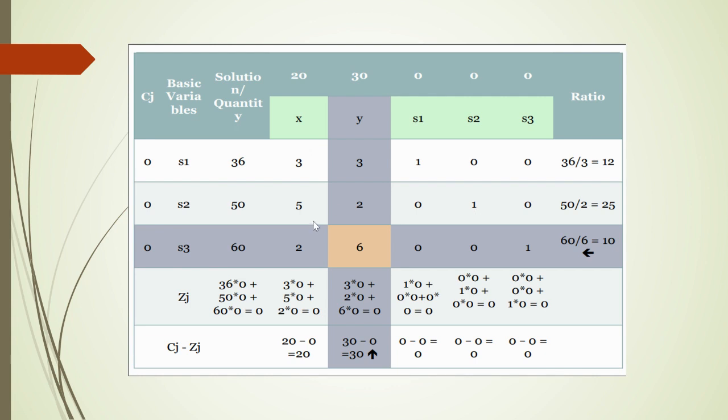So when we divide 36 by 3, we get 12, 50 by 2, 25, 60 by 6, 10. So this is the ratio. So 10 is the minimum ratio. So this is the pivot row. So this is the leaving row, and this is the entering column. So here 6 is the pivot element because this is the intersection of the pivot column and pivot row. So 6 is the pivot element.